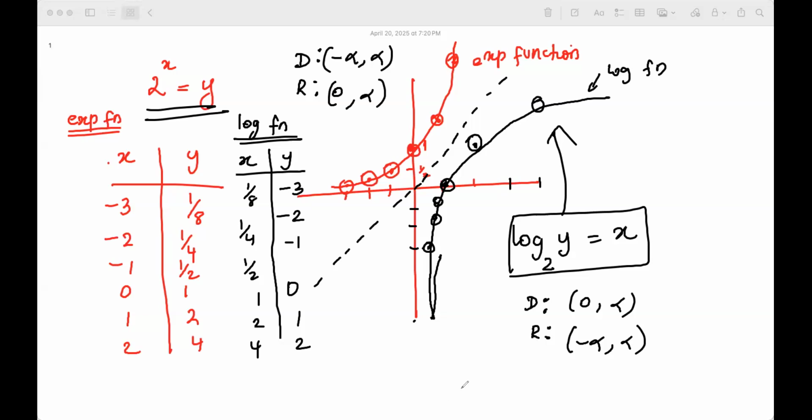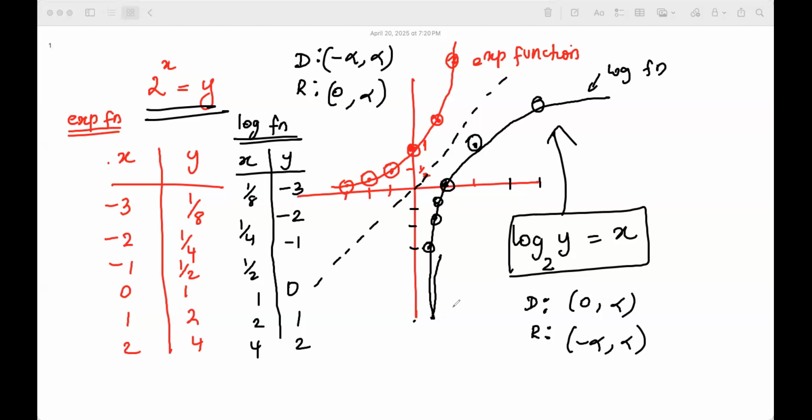Any questions? Any questions on differentiating exponential and logarithmic? How we arrive at the logarithmic function? The logarithmic function is nothing but an inverse of the exponential function. If you are able to draw the table or write an equation, you should be able to convert it to a logarithmic function.